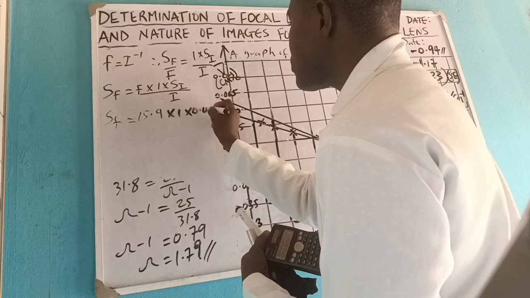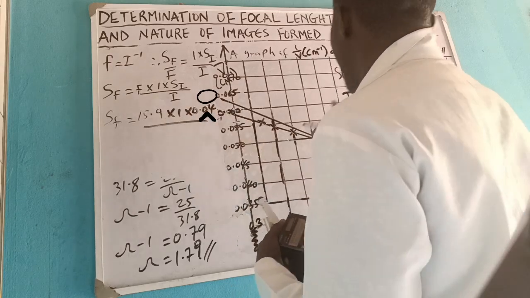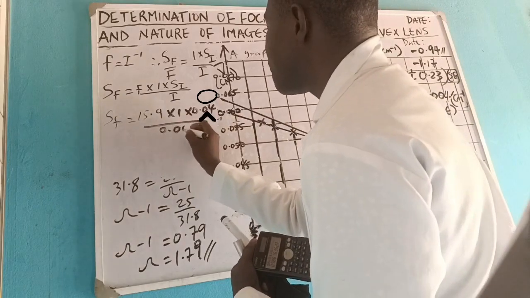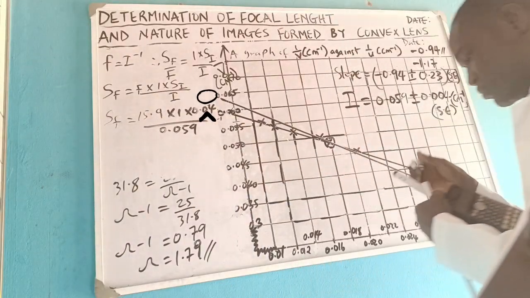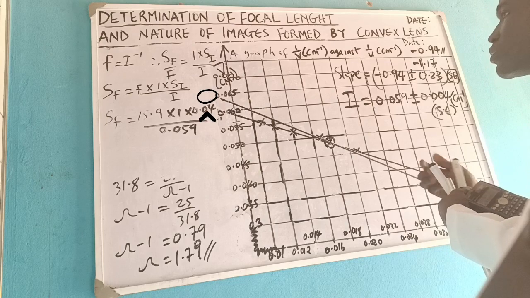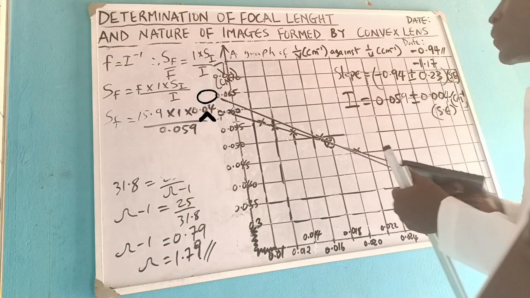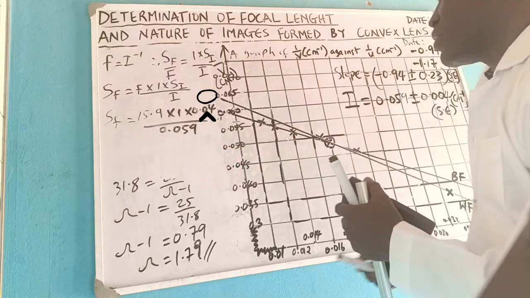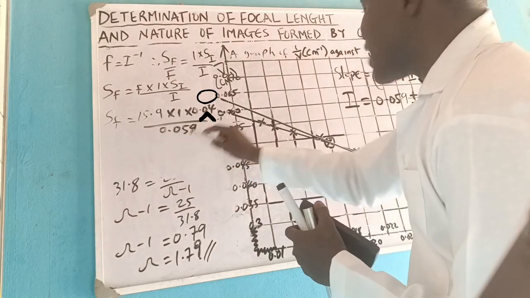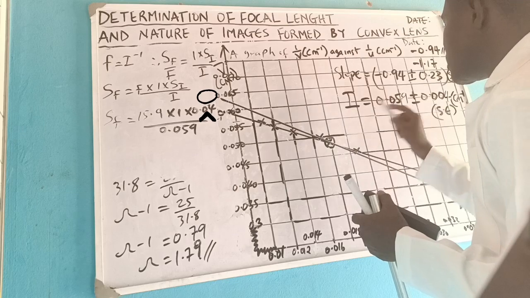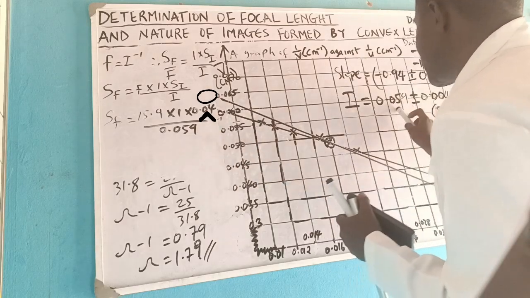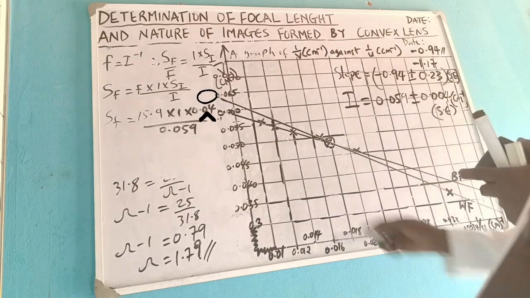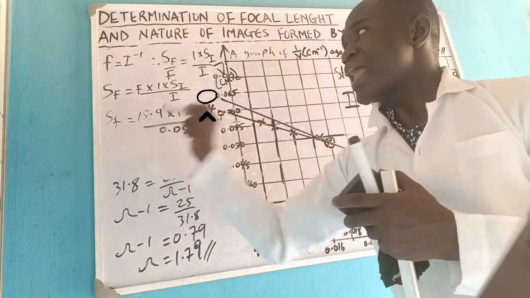0.04, all over what is the intercept? The intercept is 0.059. But this 0.059 we wrote here is coming from what we have here. What did we use to get our 15.9?